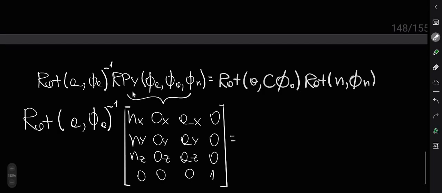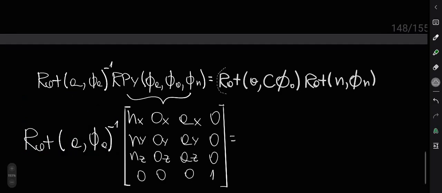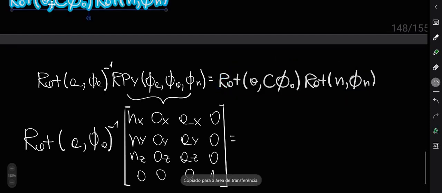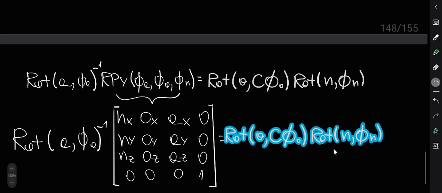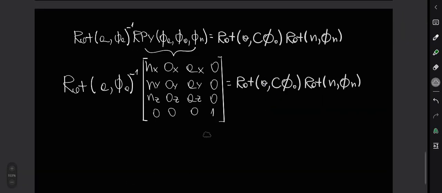N is equal. Let me place this a little bit down right here, and this term I'll look up. So let's see.